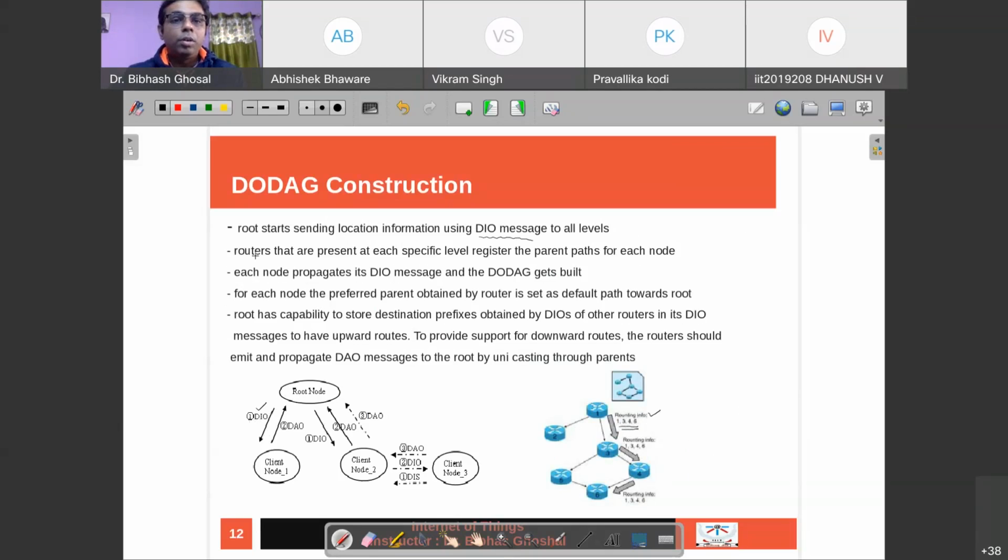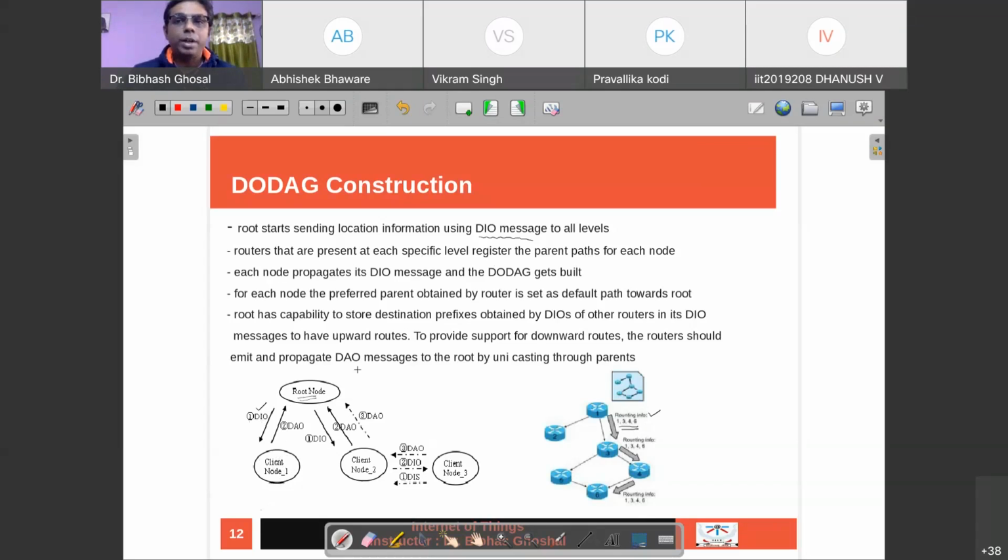Okay. Now, the routers that are present at each level, they will register the parent path. Okay, so they will get this information. So client 1 will say, okay, this is the root, and the DIO message will have the information, the routing details about the root node. So it will maintain this in the client node and will forward that with its own information to the downward movement.